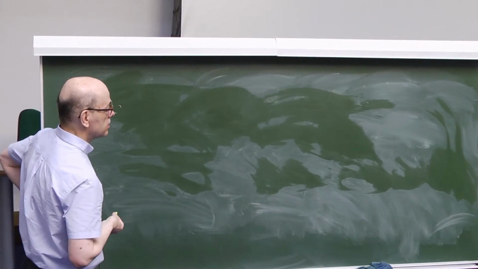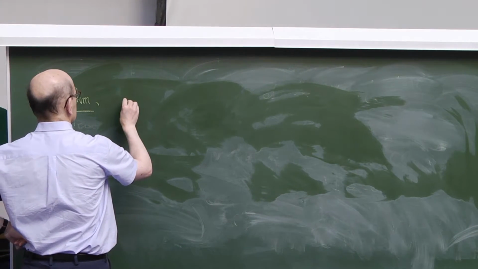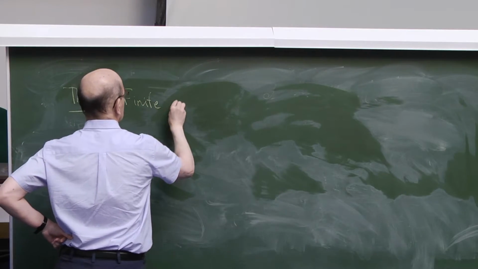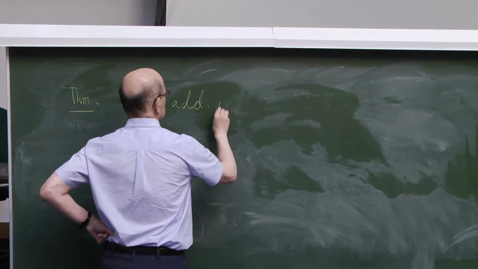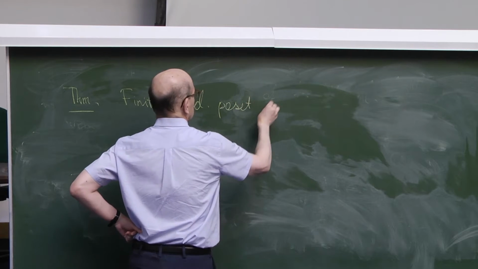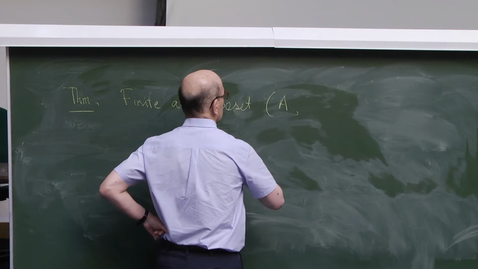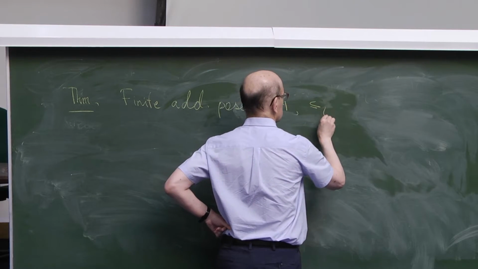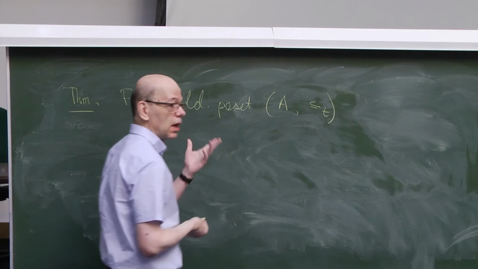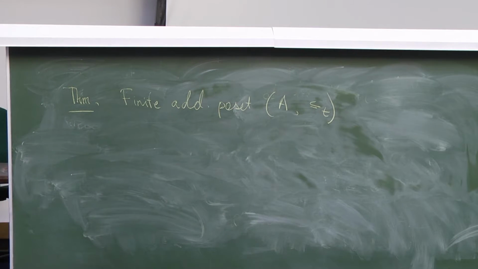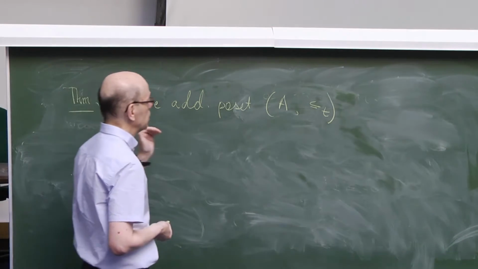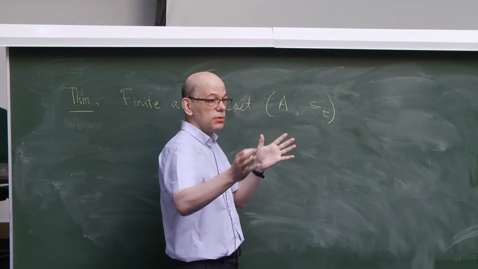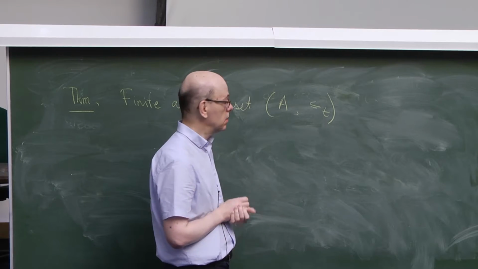Let's consider just a finite additive poset A with the trivial partial order. So A is an arbitrary Z2 vector space of finite dimension, and remember, the trivial partial order is one where only 0 is smaller than the other elements. And that's all.